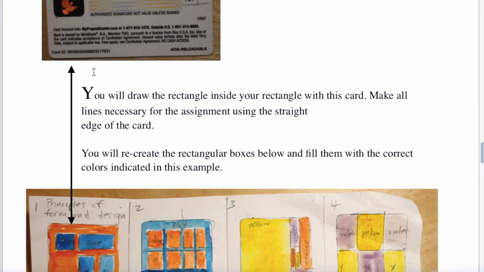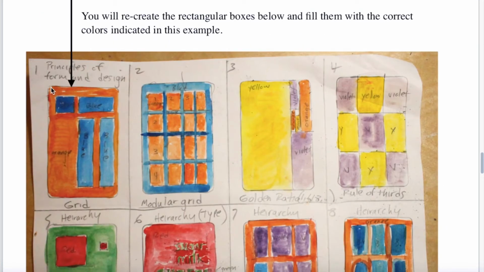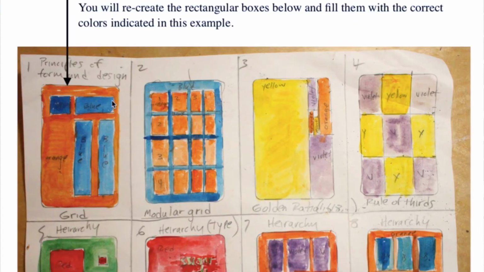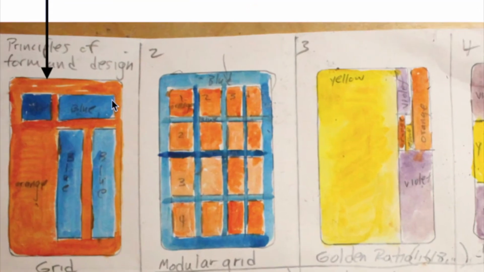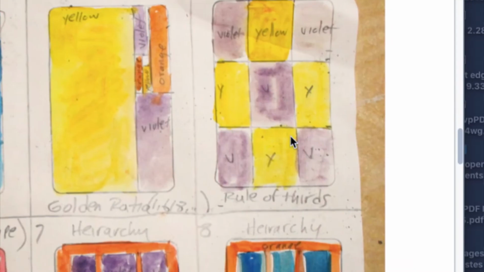So, you take your card and you place it on the paper. And you then will take your pencil and draw the outside perimeter of that, okay, the outside line on that. And you will have something that looks like the outside of your card. Okay, and you're going to do 8 of these. 1, 2, 3, 4.